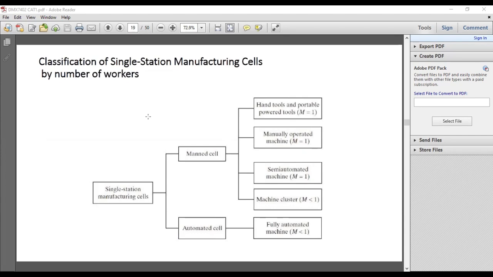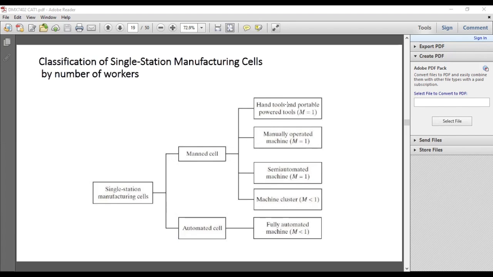A manufacturing cell or system can be classified as shown in this structure: manned cells and automated cells. So a single station manned cell, or manual cell.